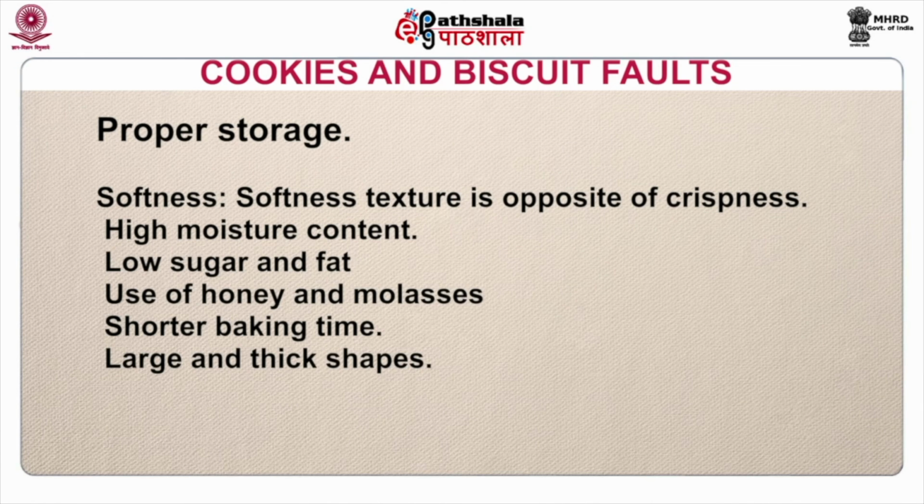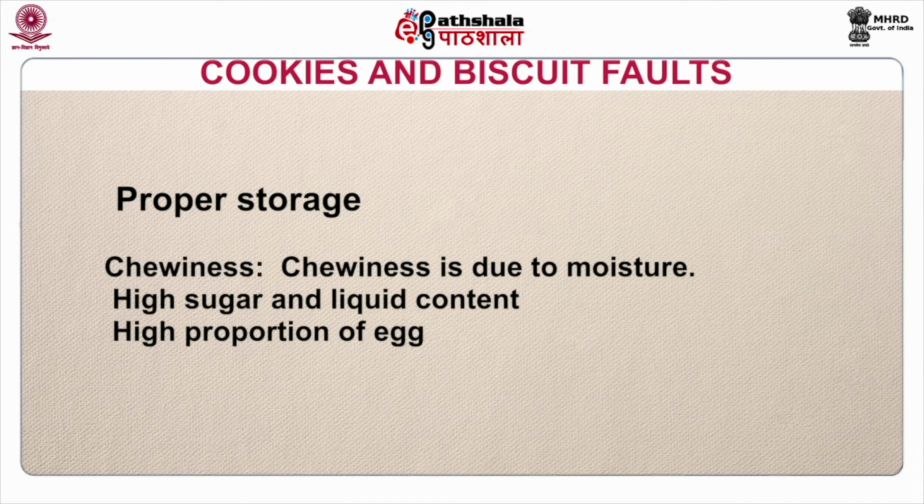Softness. Soft texture is the opposite of crispness. High moisture content. Low sugar and fat. Use of honey and molasses. Shorter baking time. Large and thick shapes. Proper storage. Chewiness.